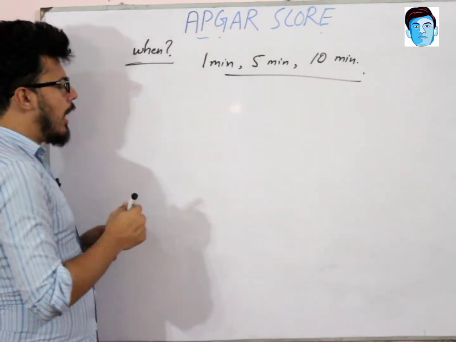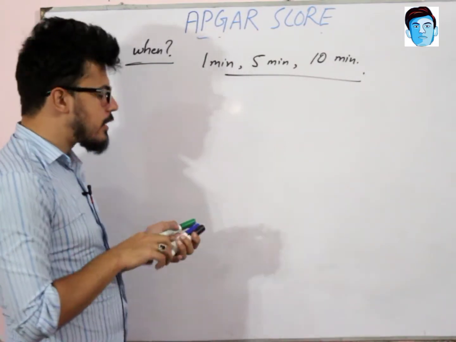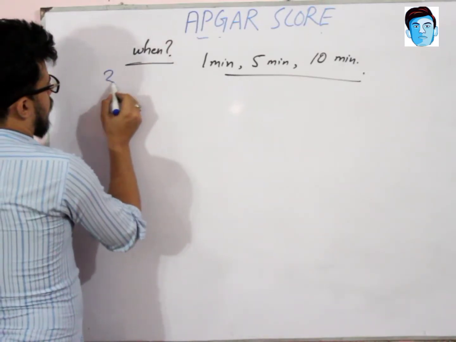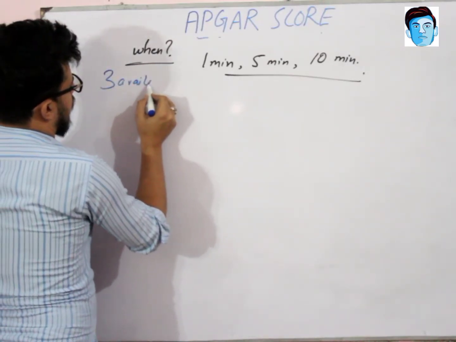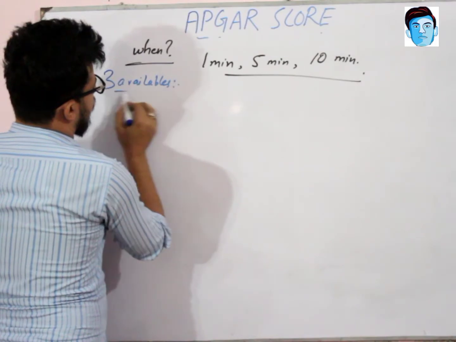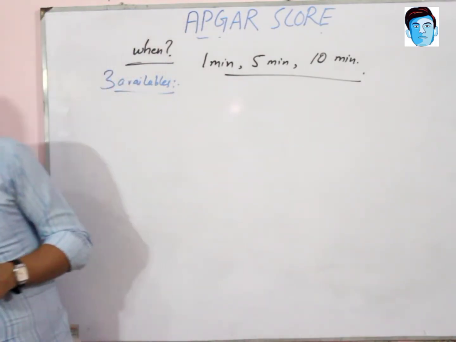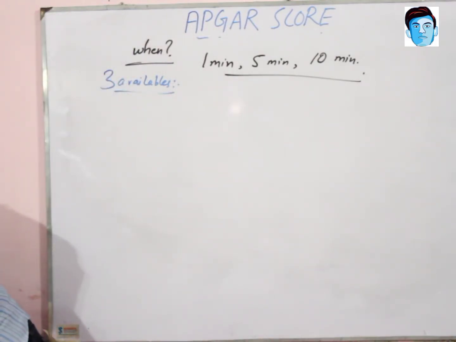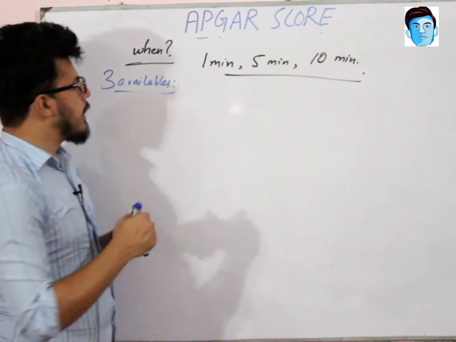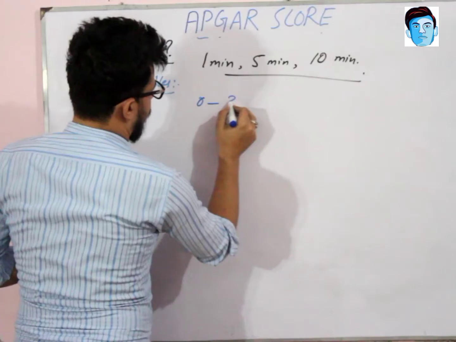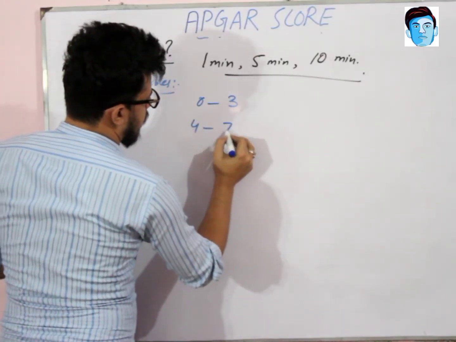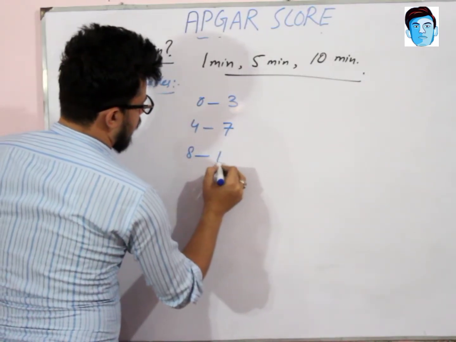Now there are 3 readings that come, that is 0 to 3, 4 to 7 and 8 to 10.